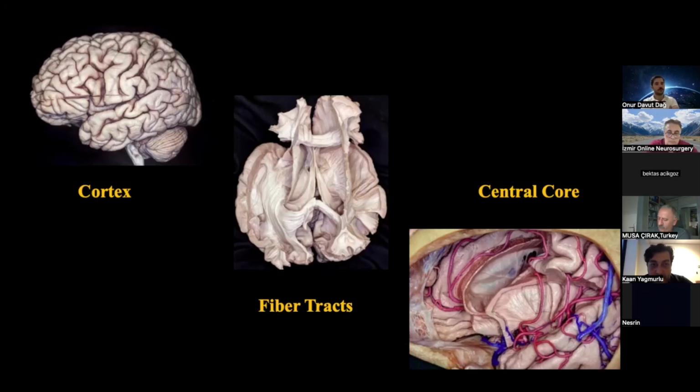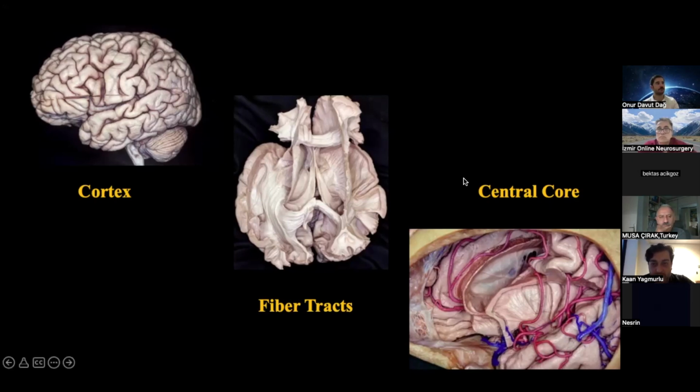So the cortex, the gray matter, can still compensate after injury of the white matter, carrying the functional area to different places, but we should also take the fiber tracts into account in the surgical strategy before surgery, to protect especially the neurocritical white matter.